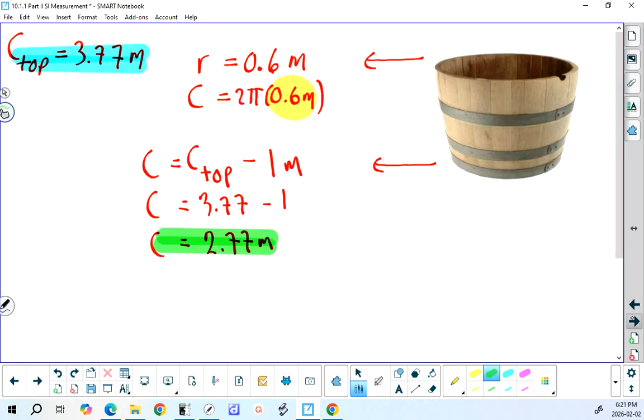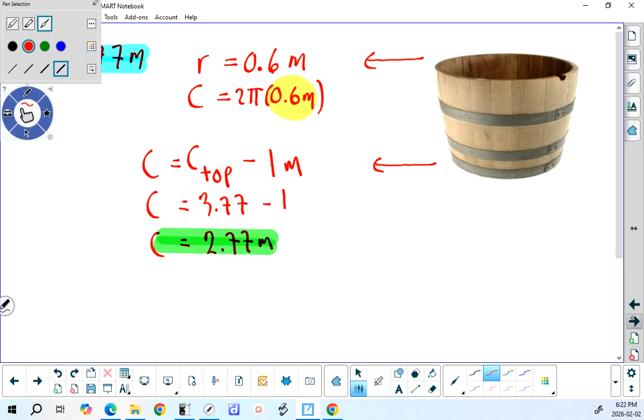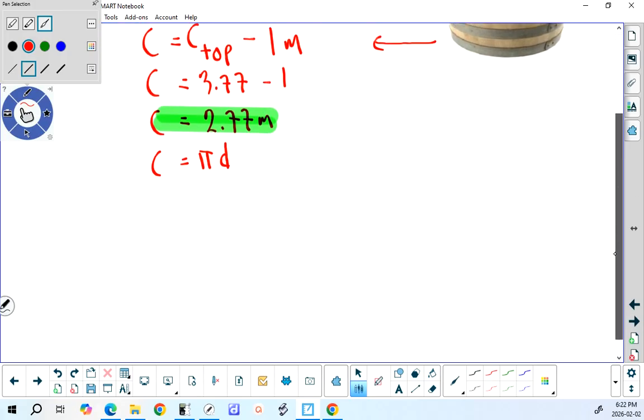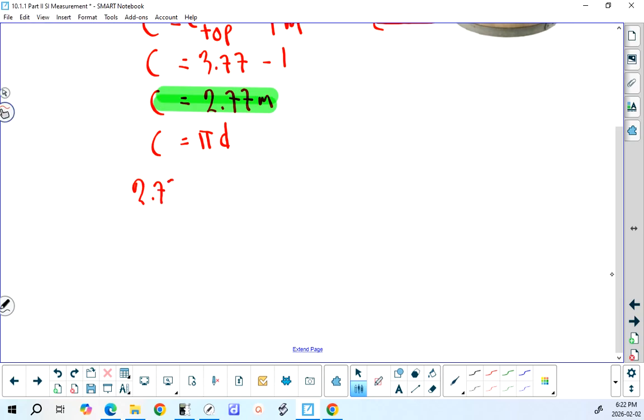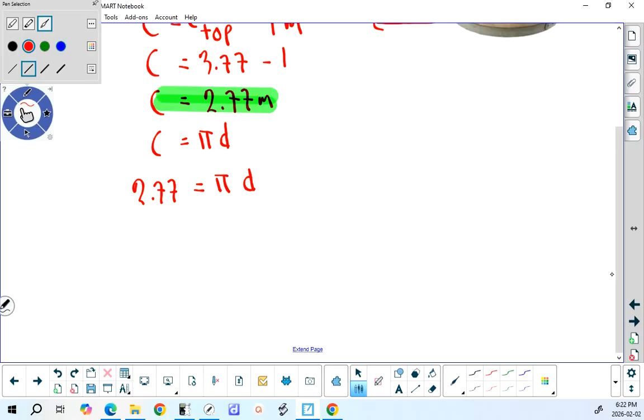Well, that's easy because we have a formula that says circumference equals pi times the diameter. So we can put 2.77 in for the circumference and solve this equation for the diameter. You're going to find the diameter by dividing both sides by pi.